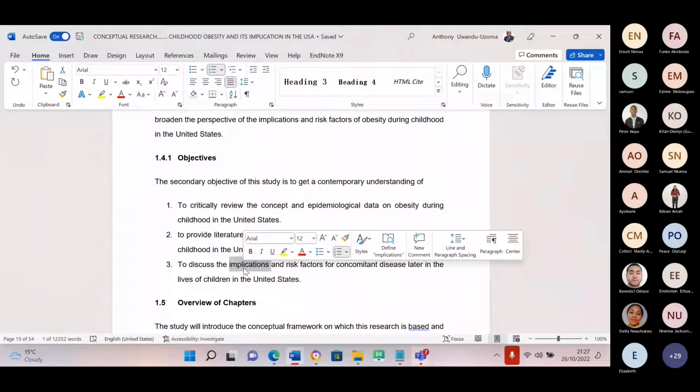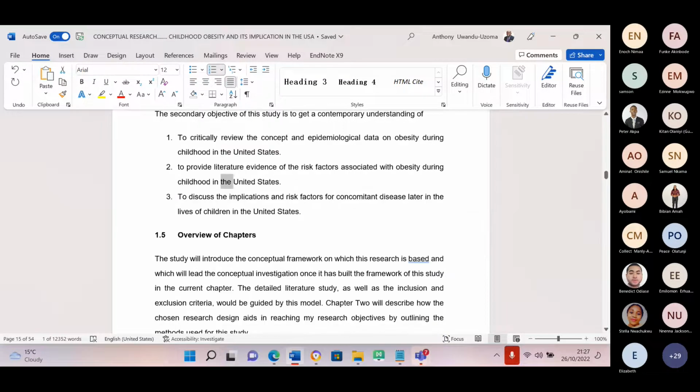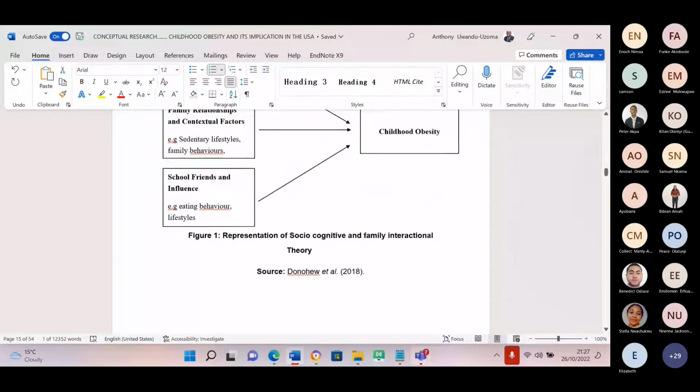So this is just a way that you can easily phrase your research question to fit your research topic. Okay.